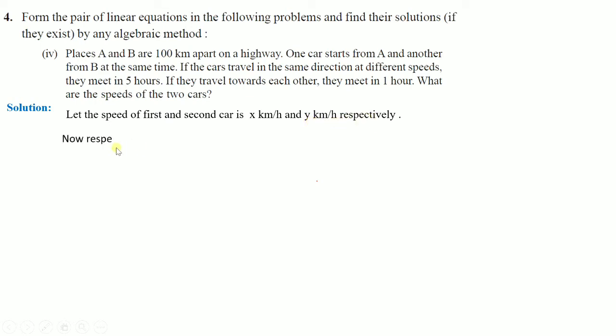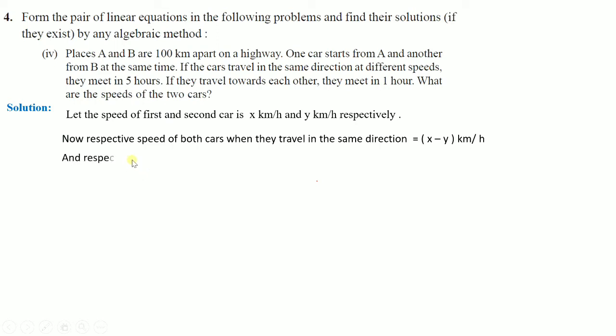Okay, now the relative speed of both cars when they travel in the same direction equals x minus y kilometer per hour, and the relative speed of both the cars when they travel in opposite directions equals x plus y kilometer per hour.